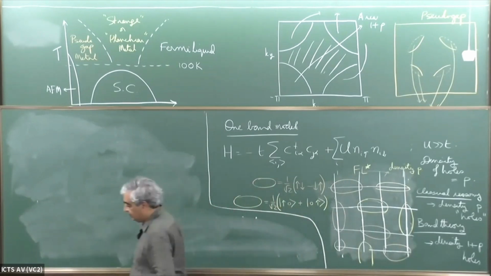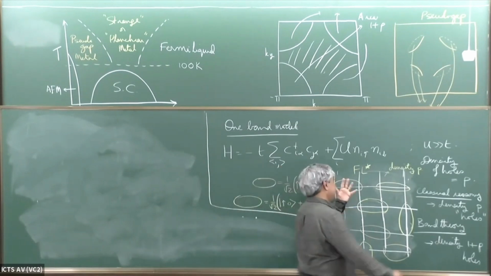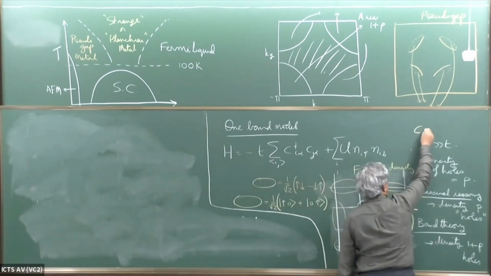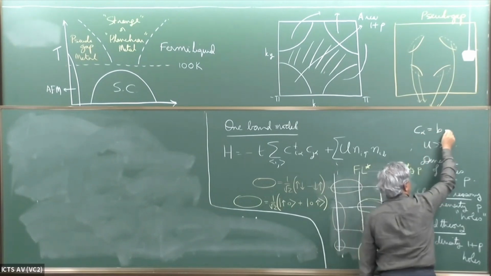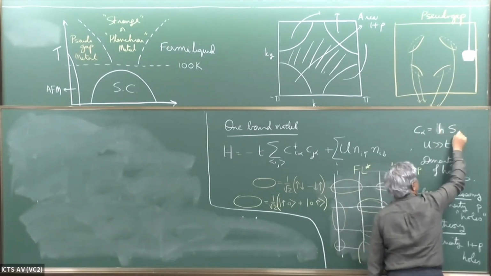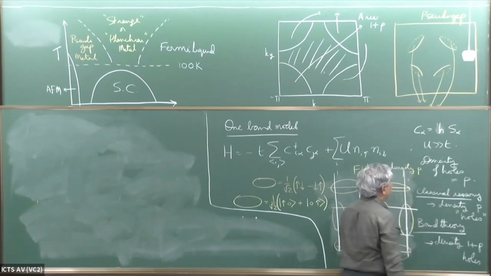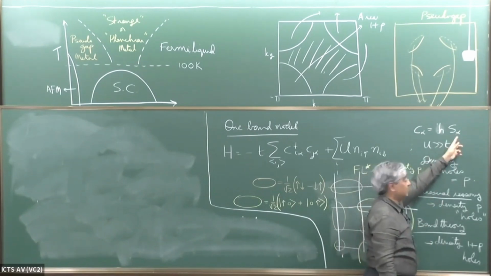So the point is, if you remember, the way these things proceed in an actual calculation is you have the electron, which you split into a holon and a spin-on. Now, depending on who you are, you would call the holon a boson and the spin-on a fermion, or vice versa.